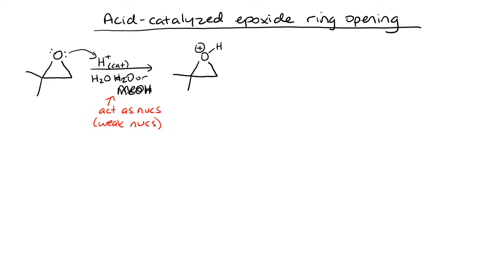What we're doing here is creating an epoxide intermediate that is even more reactive than just a regular epoxide. The purpose of this is to encourage the nucleophilic attack by these weak nucleophiles. Now at this point, we will go ahead and use methanol as our nucleophile.